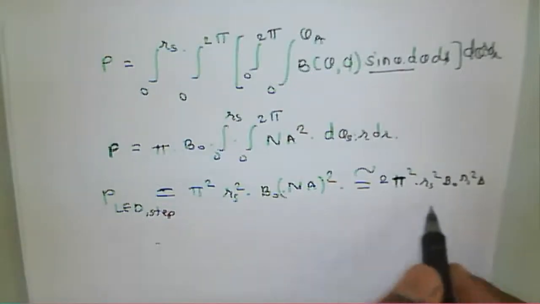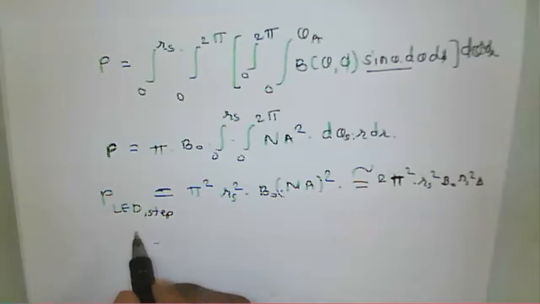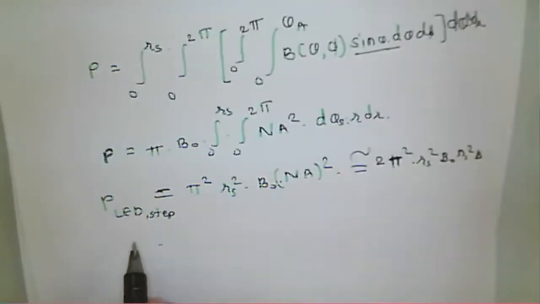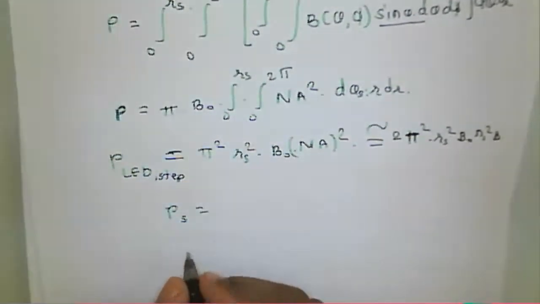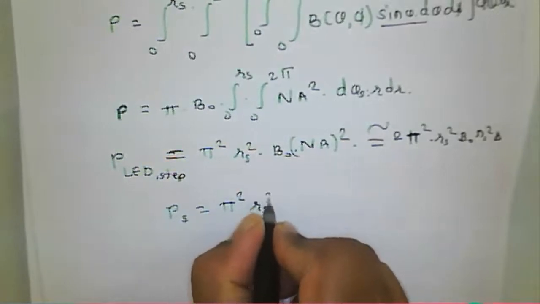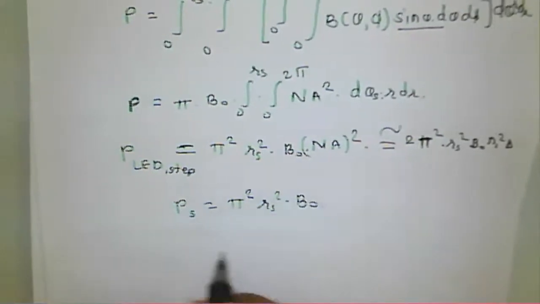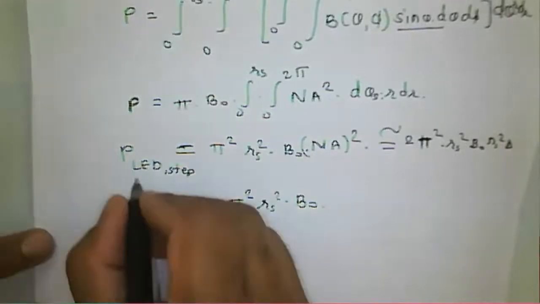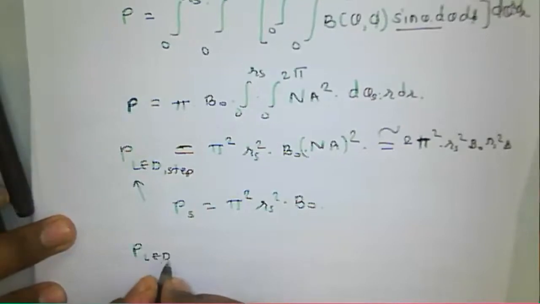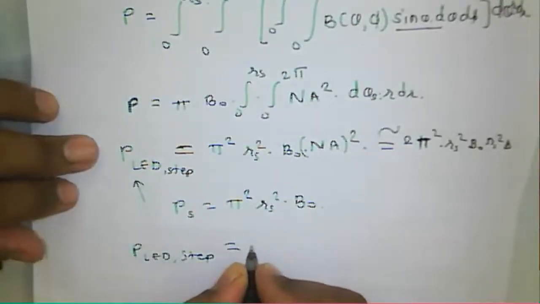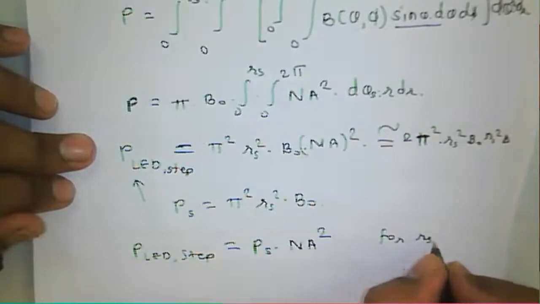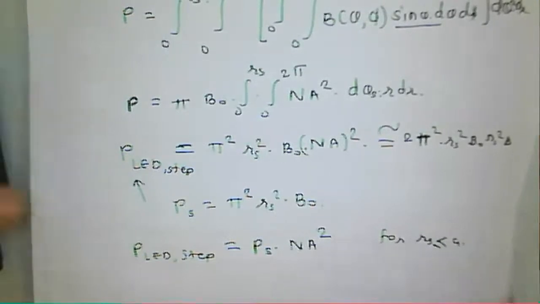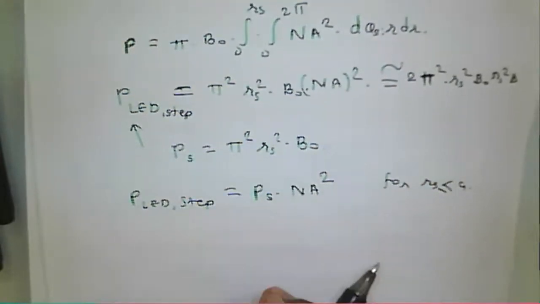Now, if we consider the power in terms of a step index fiber, and the power emitted from the source equals pi square r_s square B_0, that is the emission from the source, then we can express the above expression, that is, the power P_LED-to-step is equal to P_s NA square, but in that case r_s is less than or equal to a, that is the radius of the core of the optical fiber.